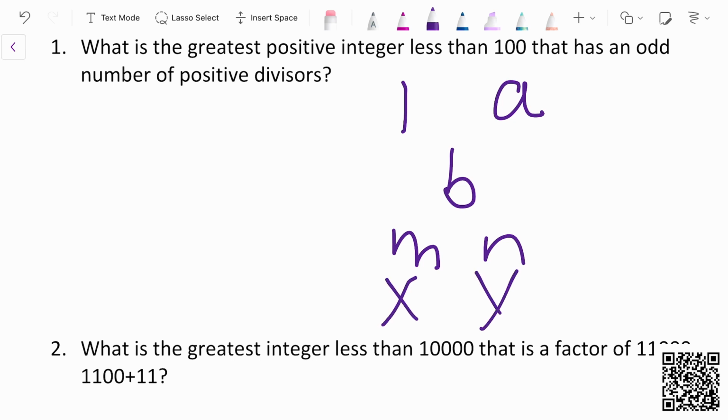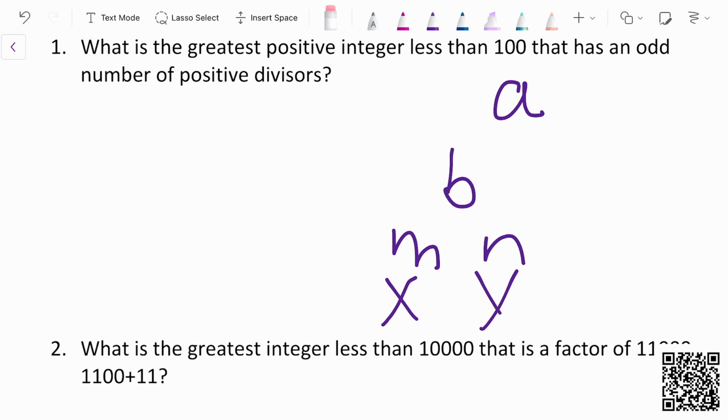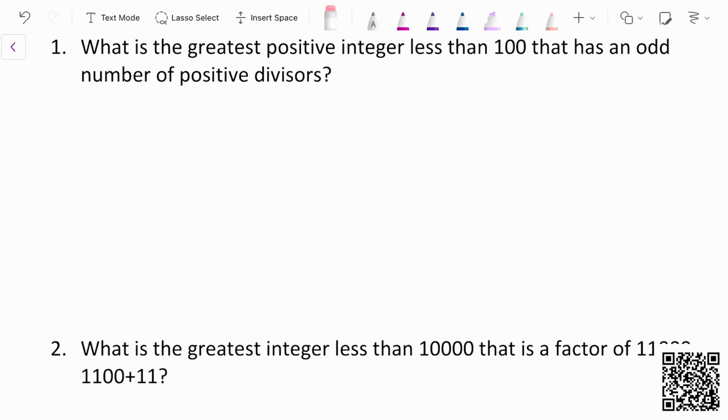But this time, since my intelligent viewers know that an odd number plus an even number is always going to be an odd number, since b is standing alone, if you count all these numbers, it's going to be odd. And no matter how many more even numbers you throw onto an odd number, it's still going to be odd. So that's why perfect squares are the only numbers that have an odd number of divisors.